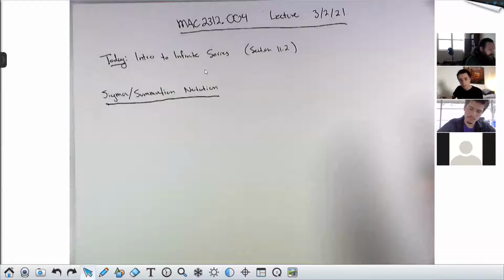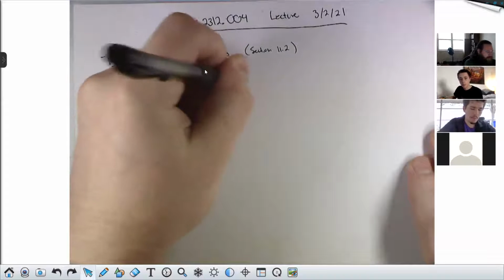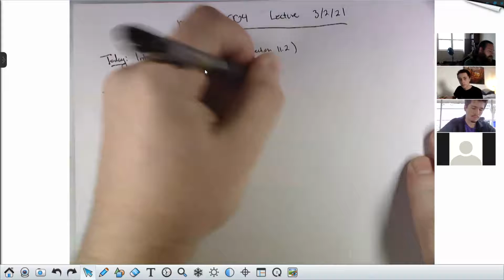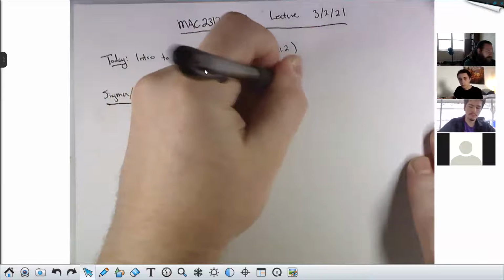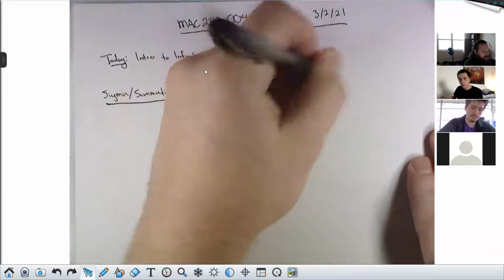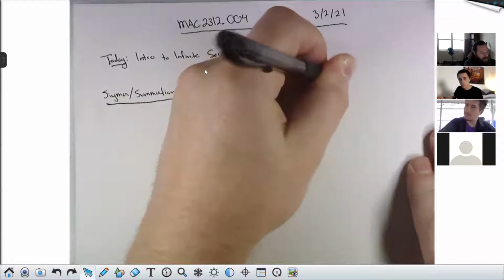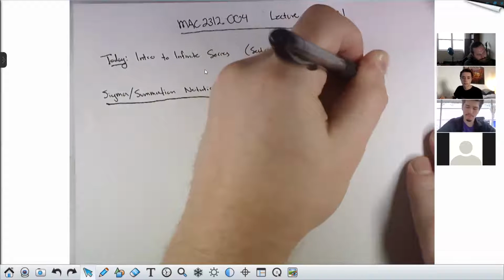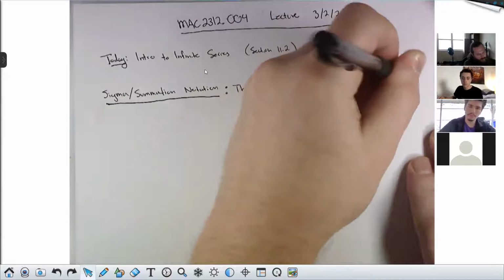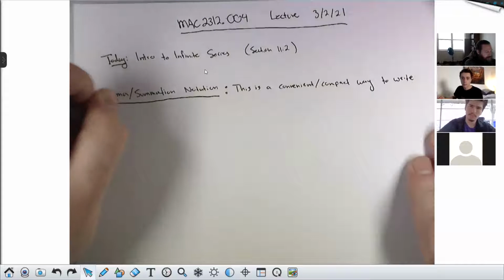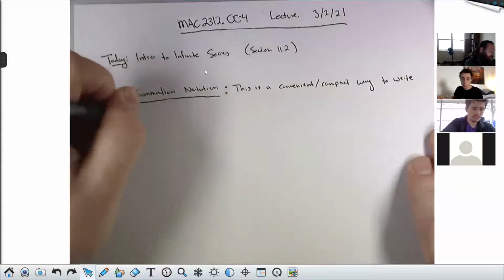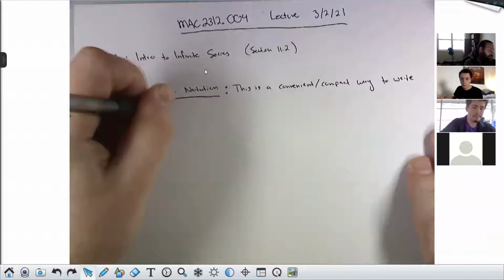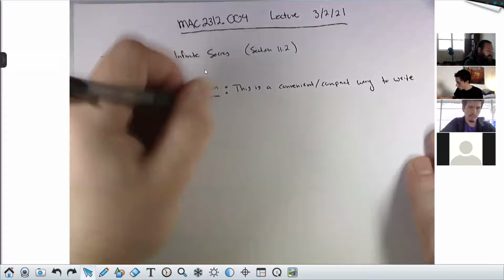Sigma or summation notation is a convenient, compact way to write big, long addition problems or addition expressions.